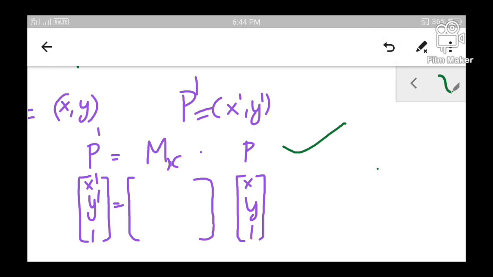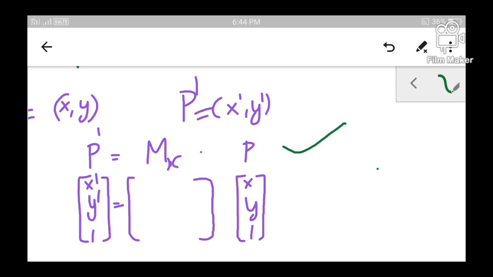There are three values written in the matrices. Why? This is a two-dimensional frame and we are representing this coordinate using the homogeneous coordinate system. What is a homogeneous coordinate system? Representation of an n coordinate system using n plus 1 coordinates.